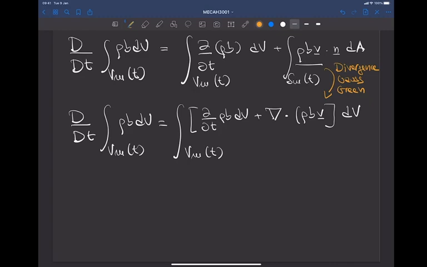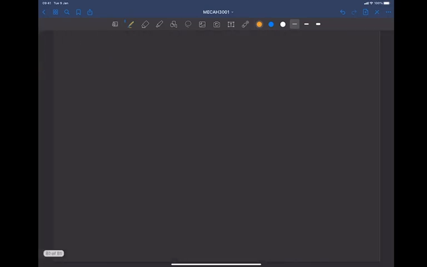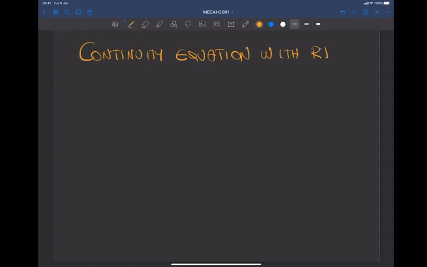And so we're going to do that for the continuity equation that, of course, we have already derived. So you already know what equation you expect. So we want to derive again the continuity equation with the Reynolds transport theorem.